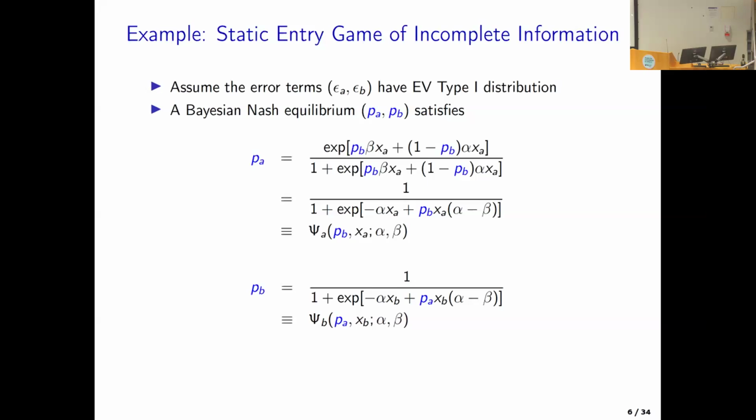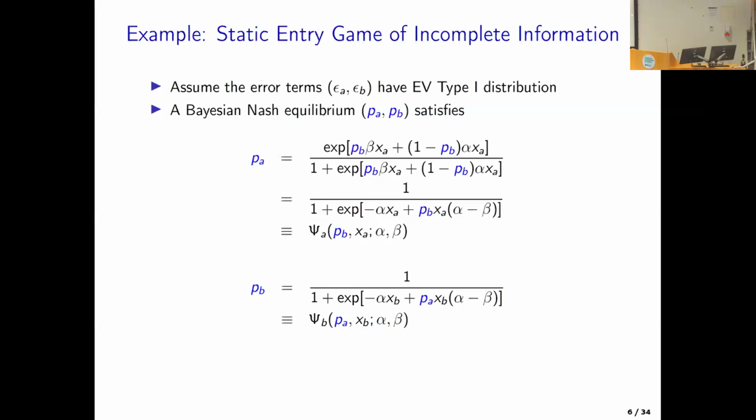That's my payoff in that case. And then we want to calculate the probability that I'm in the market. That's essentially comparing the expected payoff if I'm in the market with the zero expected payoff of staying out. So this is like the exponential of 0, so 1 is the exponential of 0.